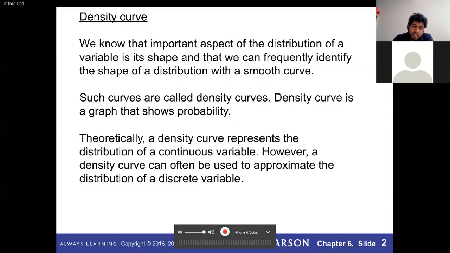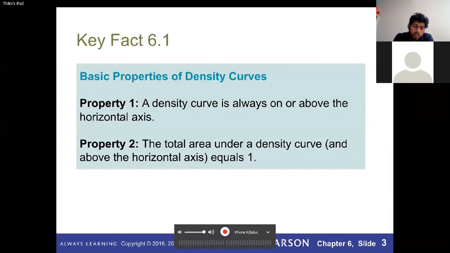Distribution is the shape of that particular variable, how it behaves when it's increasing. If you consider a density curve, a density curve is always on or above the horizontal axis. If you draw a density curve, the horizontal axis is this one.